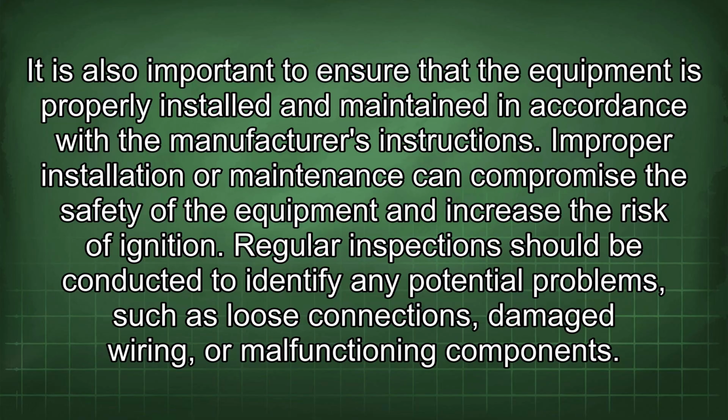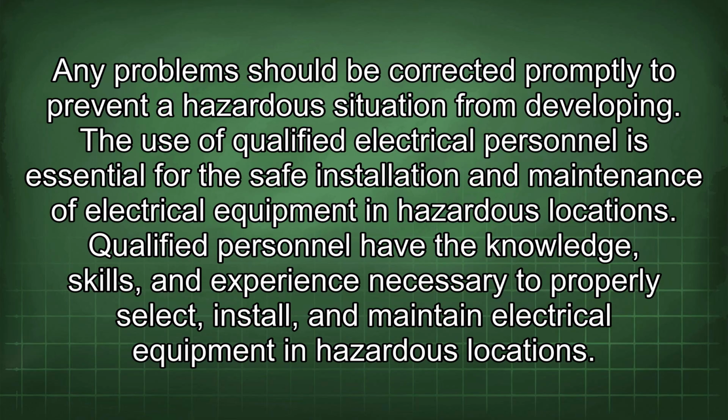Improper installation or maintenance can compromise the safety of the equipment and increase the risk of ignition. Regular inspections should be conducted to identify any potential problems, such as loose connections, damaged wiring, or malfunctioning components. Any problems should be corrected promptly to prevent a hazardous situation from developing.